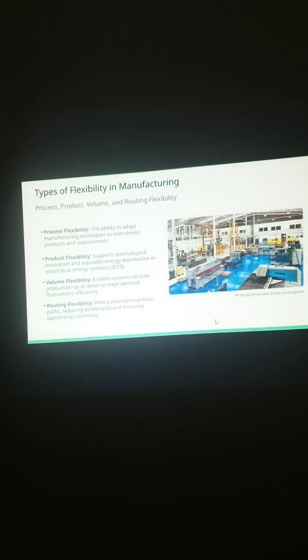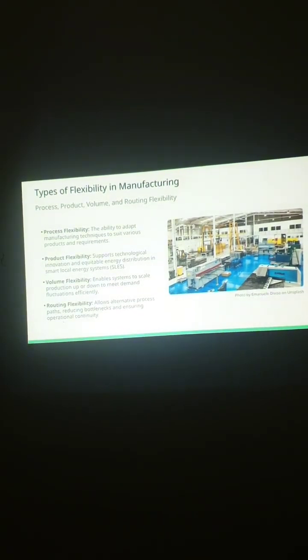So you can see here the types of flexibility in manufacturing. There are process, volume, control, and routing flexibility. Process flexibility is the ability to adapt manufacturing technique to suit various products and requirements.